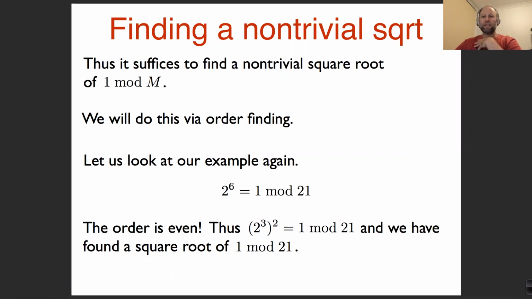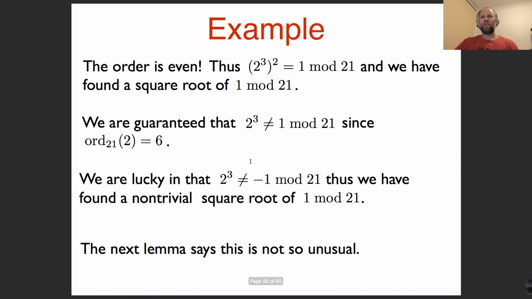In this case, the order is actually even, so that means that 2 cubed squared is going to be equal to 1 mod m. So we've actually found a square root of 1 mod m, which is just 8, what we talked about before. In general, if we find an element whose order is even, then we've found a square root of 1 mod m.